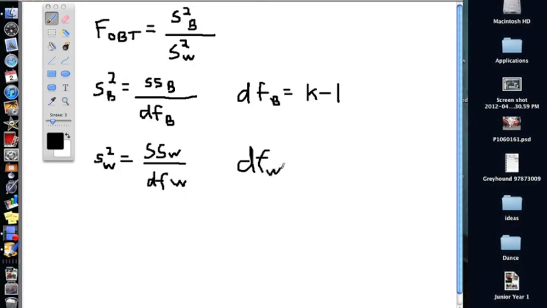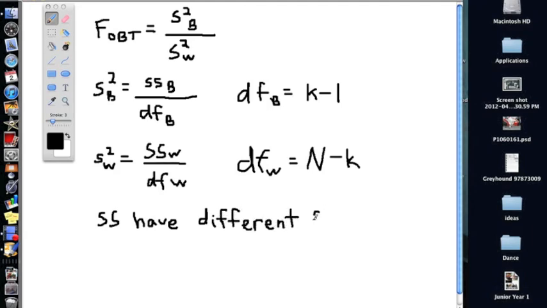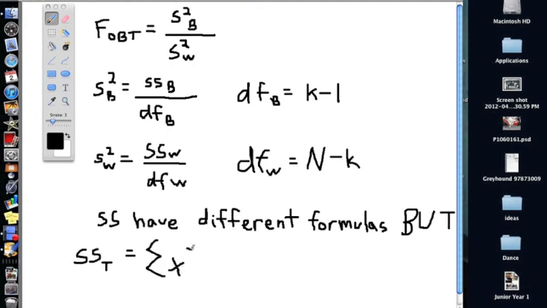And the degrees of freedom within groups is n minus k, and n is your total number of participants, and again, k is the number of groups you have. The formulas for sums of squares differ a little bit, but we also need to find the sums of squares total, which you'll see is exactly what I showed you the other day in the t-test. The sum of x squared minus the sum of x, squared, all over n.